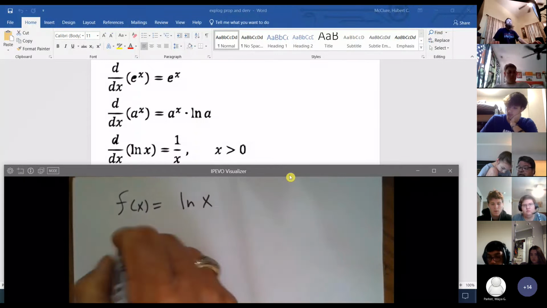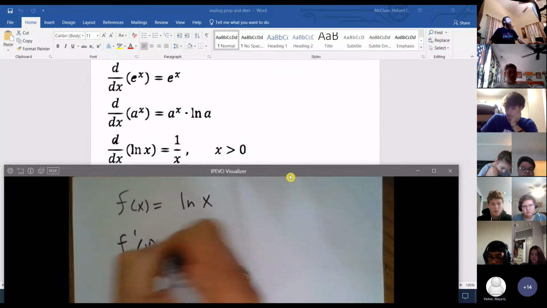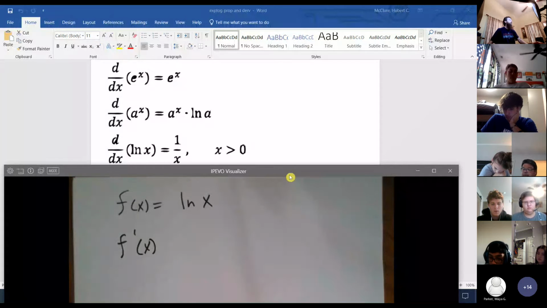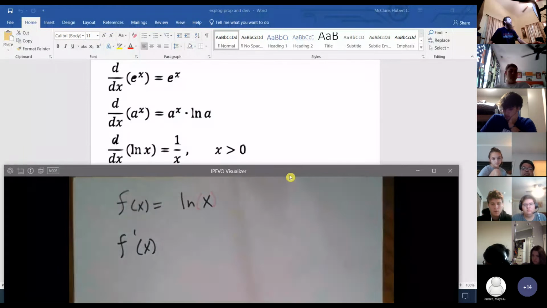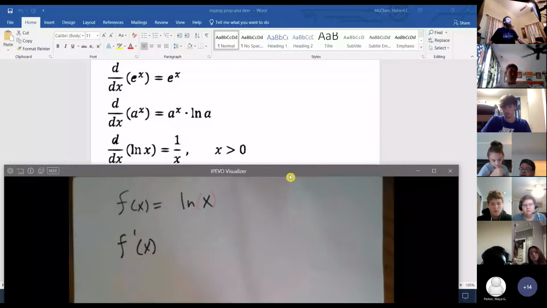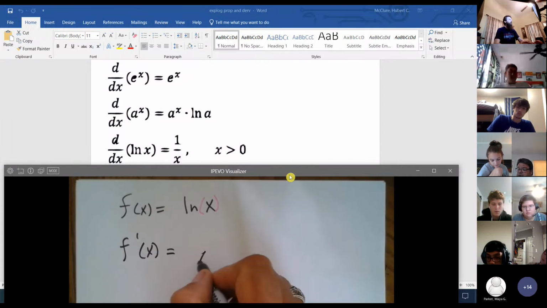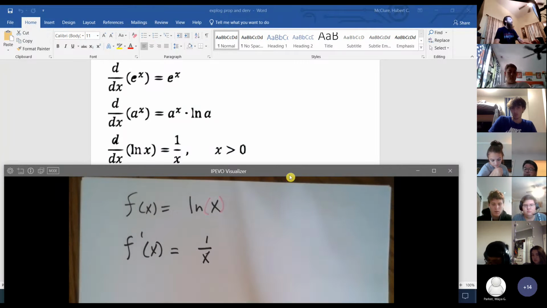F prime of x, I'll put parentheses around this because it matters. So that's equal to 1 over x, and then what is the derivative of x? 1. And that's how you get it.